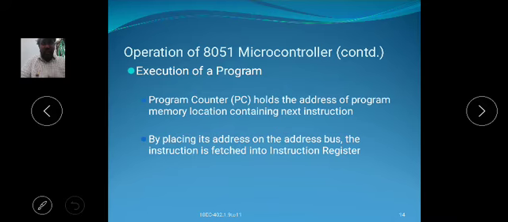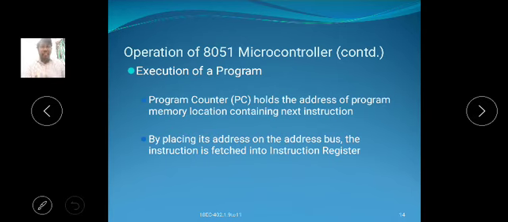The program counter, that is the PC, holds the address of the program memory location containing the next instruction. That means the next instruction's address is held by the program counter.